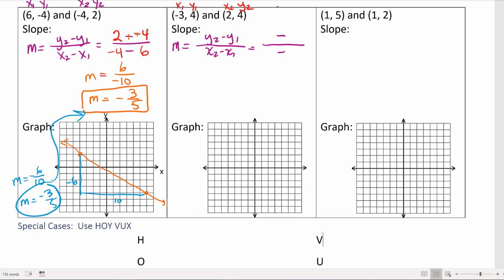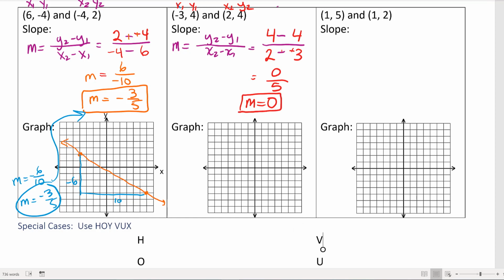And then I'm going to come and grab my y2, which is 4, minus, because there's a minus in the formula, y1, which is also 4. 2 minus, which is in the formula, a negative 3. So in the numerator I get 0, in the denominator, add a line, change the sign, and I get 5. So my slope is 0 using my formula.